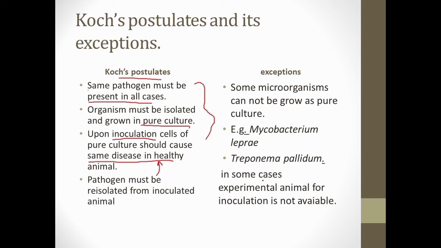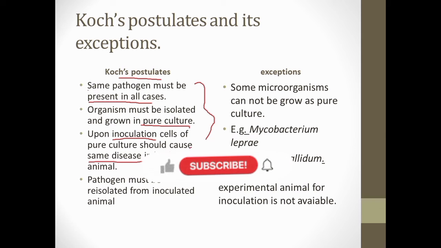So for certain diseases and certain organisms, you don't get a suitable experimental host to perform your experiment. In that way, there are certain exceptions to Robert Koch's postulates, but in most cases, the microorganism follows all the postulates. There are certain exceptions which generally don't come under the category of these postulates.